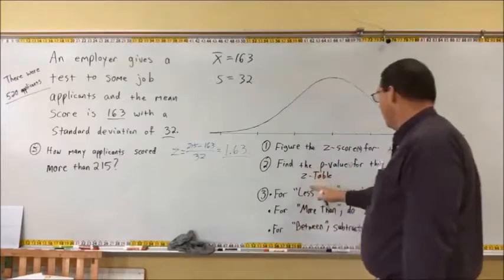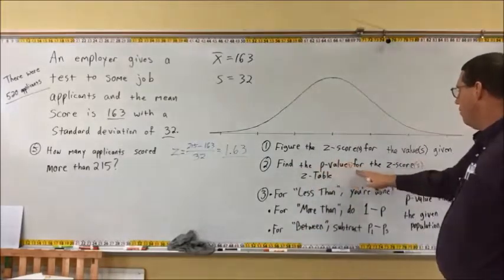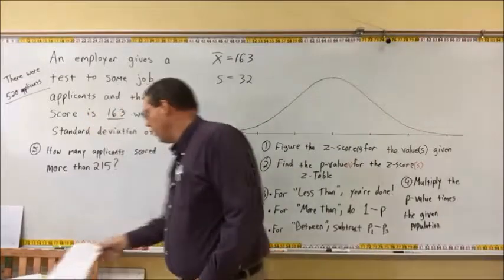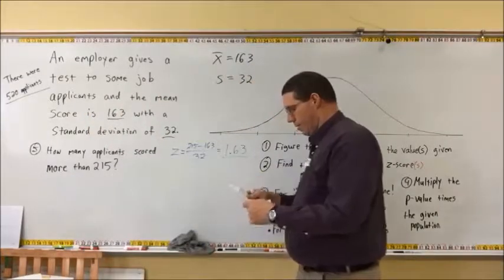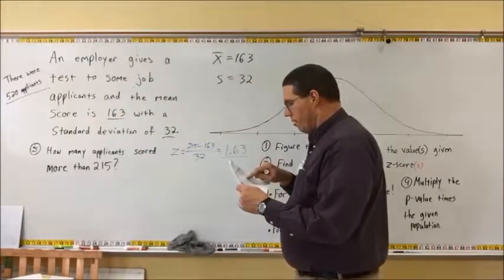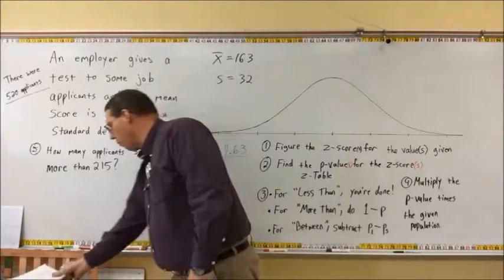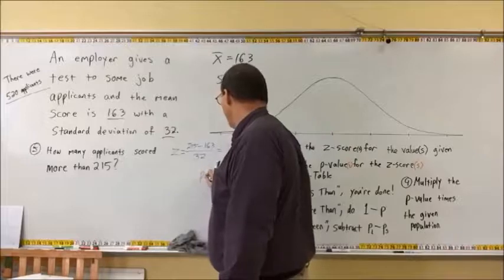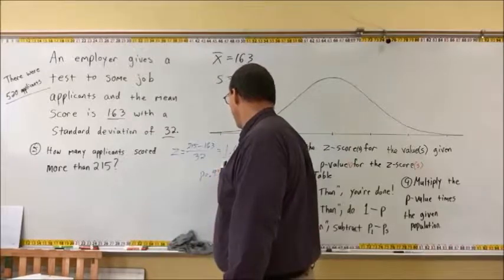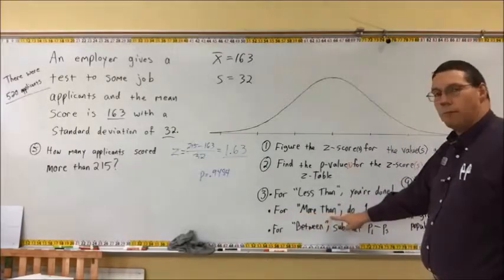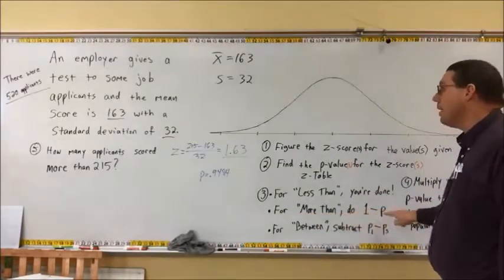The next step, let's see, find the p-value for the z-score in the z-table. So we're going to look up the p-value for 1.63. 1.6 is 0.9484. So p-value of 0.9484.